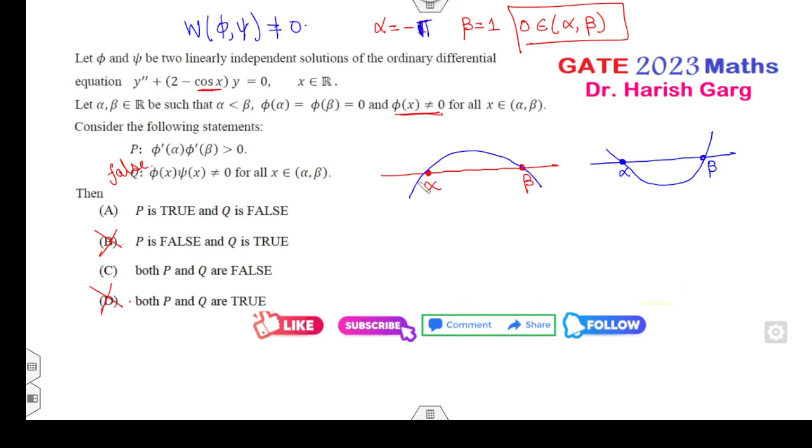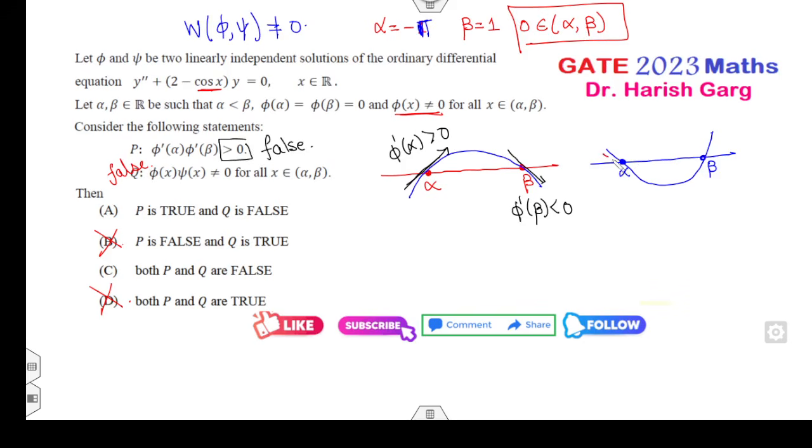So look at the first case, that means at the point alpha the slope is my increasing, that means what is the value of the phi dash alpha is a positive, और यहाँ पे क्या हो रहा है? Decreasing, that means phi dash of beta is my less than 0. If you find the product, that's a less than 0, that means this case is my false statement.